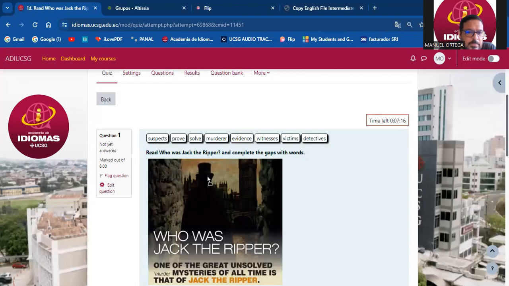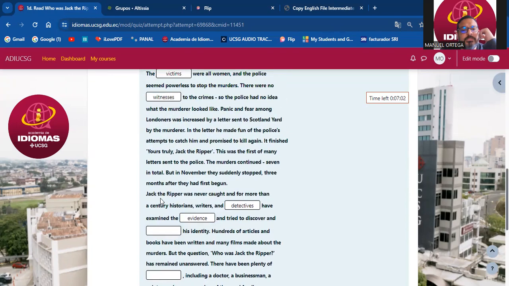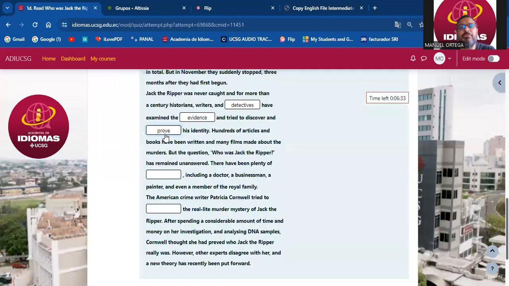Okay. The evidence, and try to discover, and when you want something to be real, and maybe suspects in this space, and prove his identity. Okay. And prove his identity.